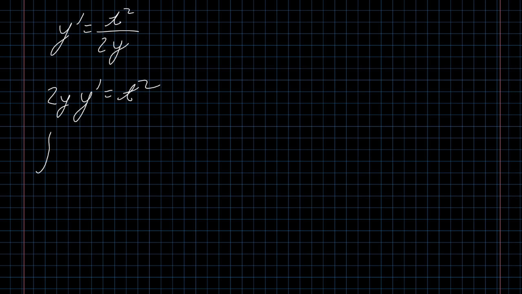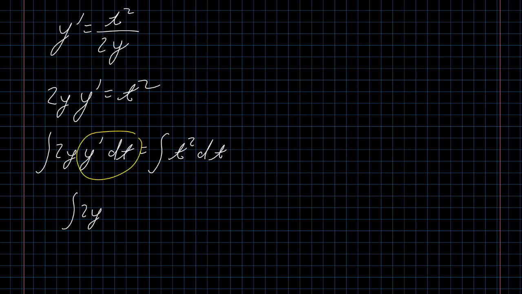The integral of 2y y prime dt is equal to the integral of t squared dt. On the left-hand side, I'm going to use that, I guess, u substitution, but y prime dt is just dy, so we have the integral of 2y dy equals the integral of t squared dt.